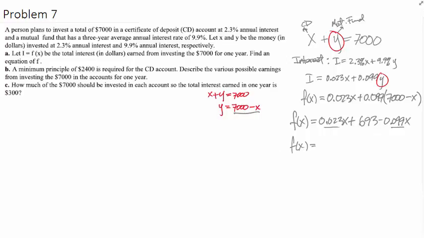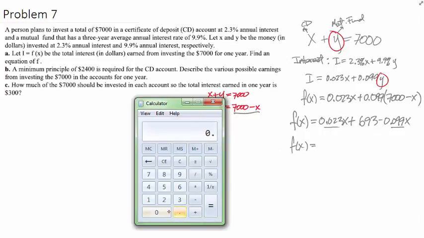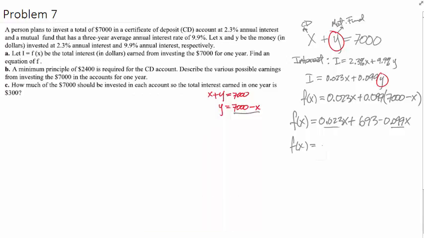I'm going to get 0.023 minus 0.099, and I get negative 0.076. So f of x equals negative 0.076x plus 693.